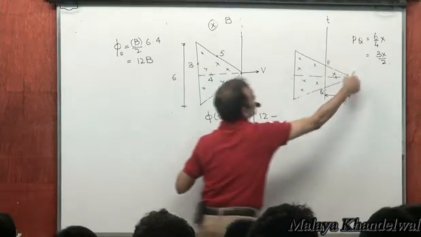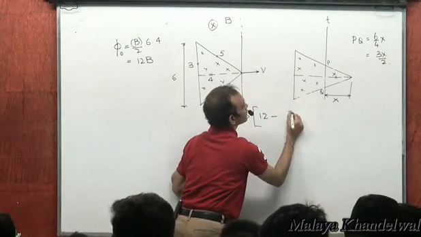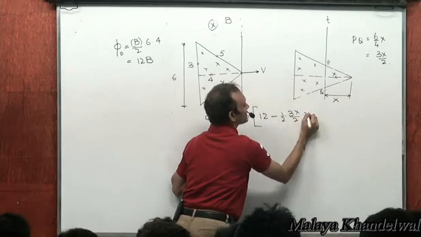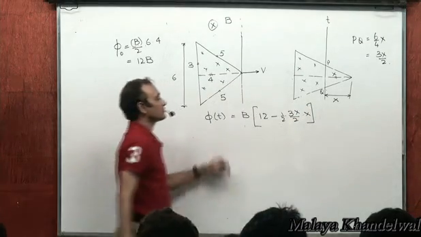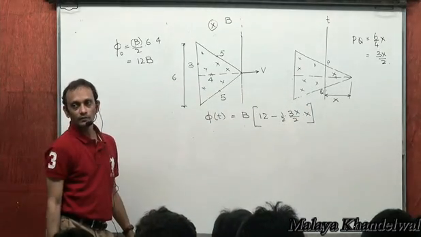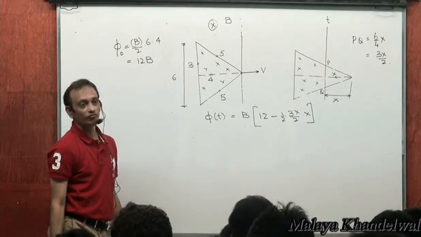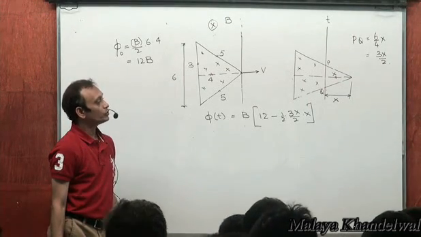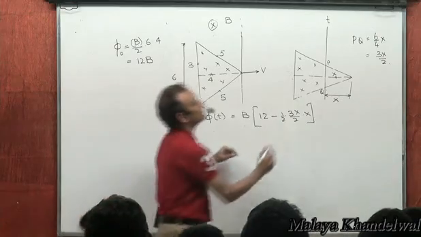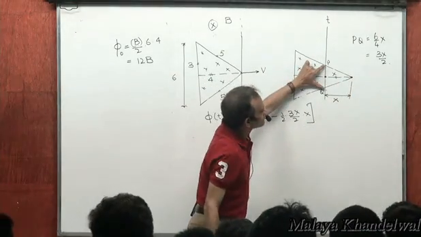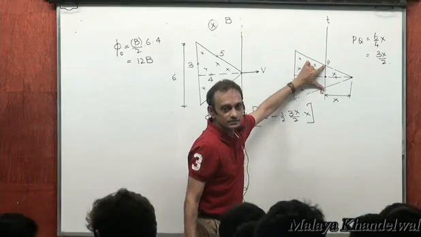So 12 minus the area of this triangle, which is half of 3x by 2 into x. Half of base, which is 3x by 2, into altitude, which is x. This is x units, and this is 6 by 4 x.